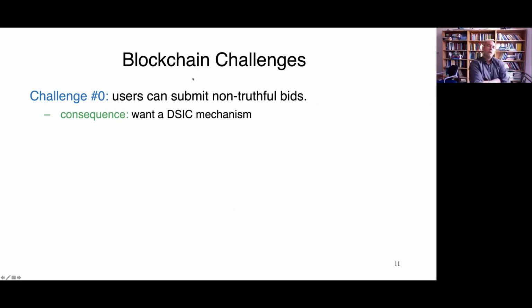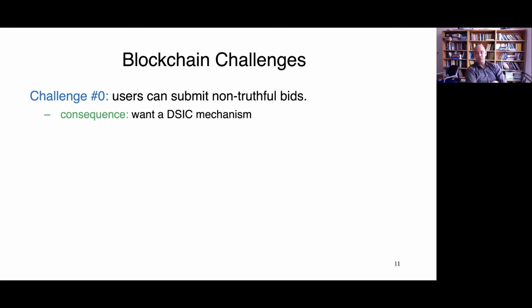Okay, so here's the way I'm going to frame the mechanism design problem. I want to spend this slide outlining a sequence of challenges, idiosyncratic aspects of doing mechanism design on the blockchain. There are going to be challenges 1 through 4, all of which are unfamiliar to traditional mechanism design applications. This first one I've labeled challenge 0 because it's very familiar in mechanism design applications, which is that obviously users can be strategic, right?